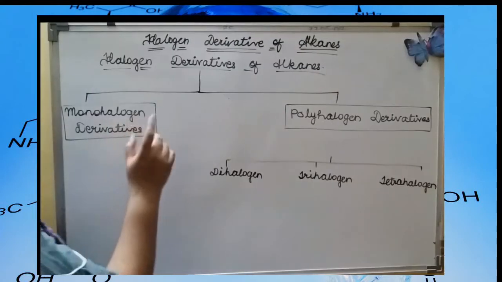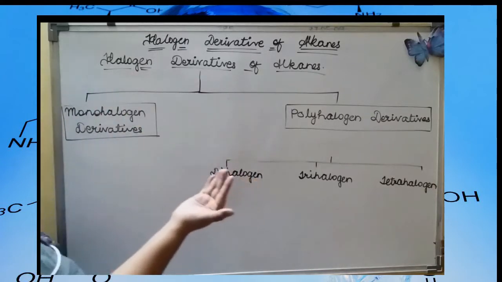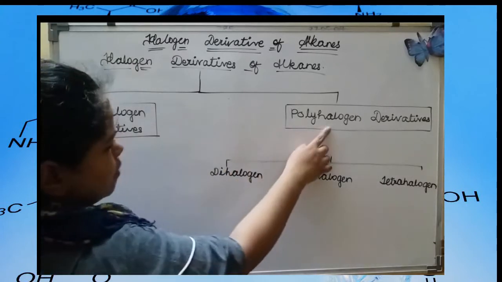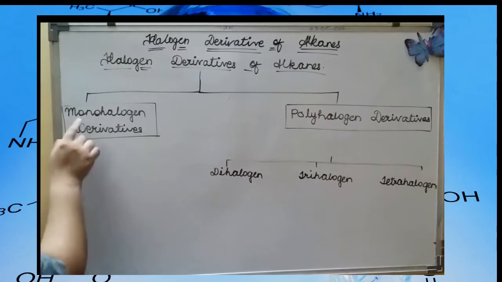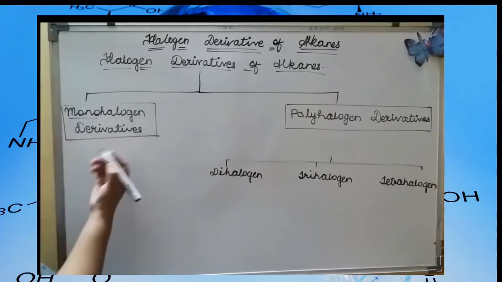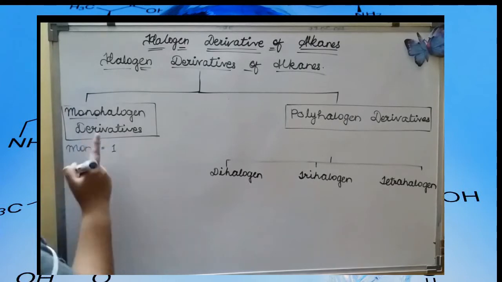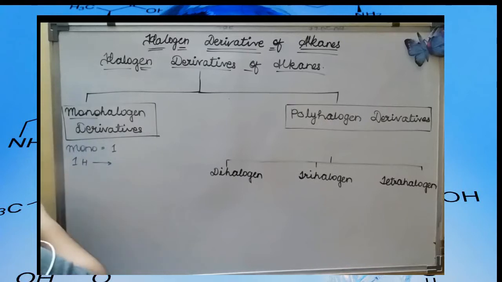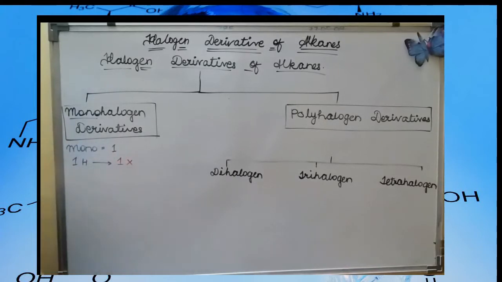The different branches of derivatives of alkanes: the main ones are monohalogen derivative and polyhalogen derivative. Monohalogen, by the name we know, is saying mono. Mono means one. So only one H atom will be replaced by one halogen atom.